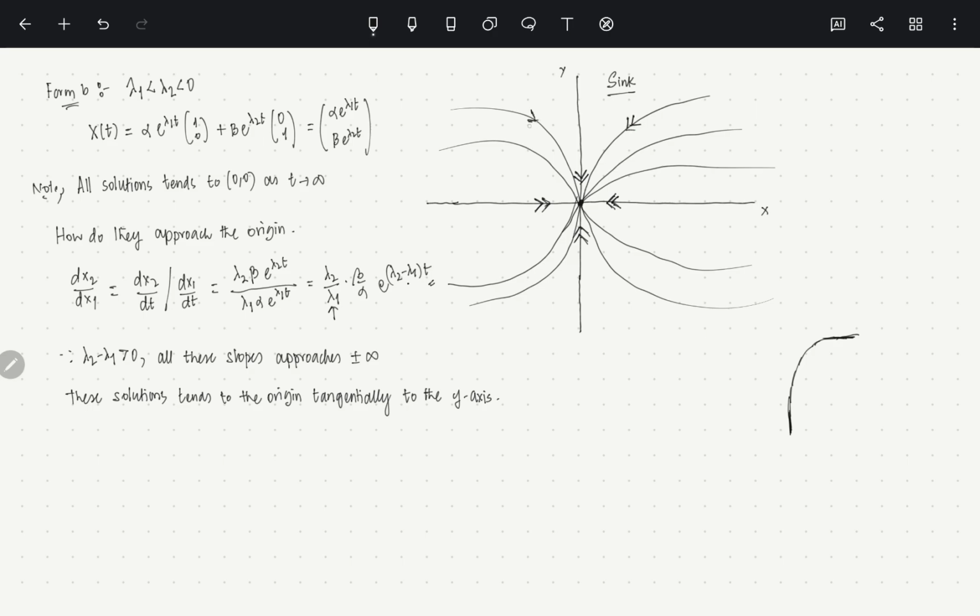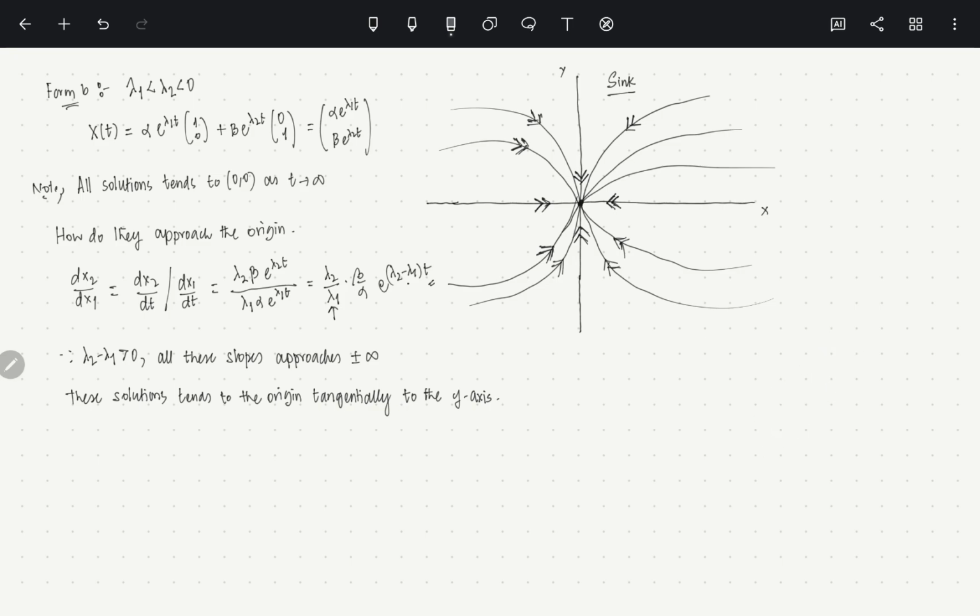Everything is going towards the origin. So the arrow looks like this. I hope the idea is clear here, what is happening. The picture is not very pretty, but you do realize what's happening here. Okay, so that's the idea.